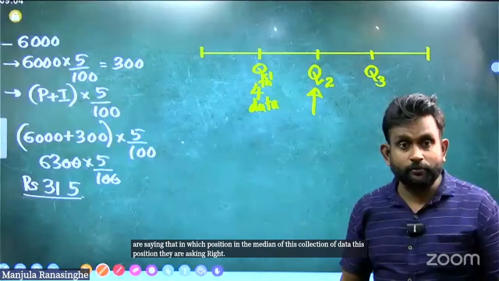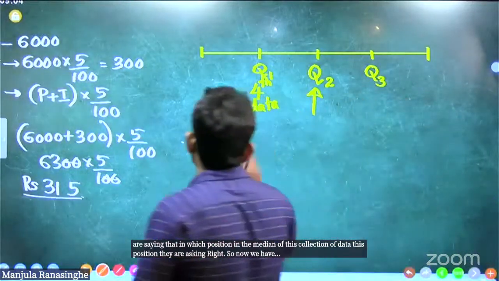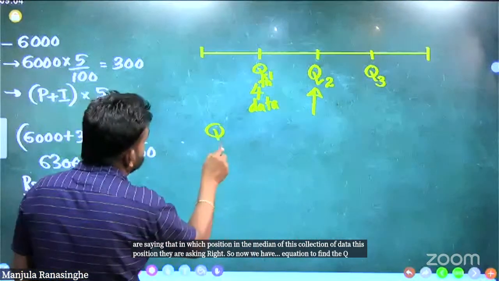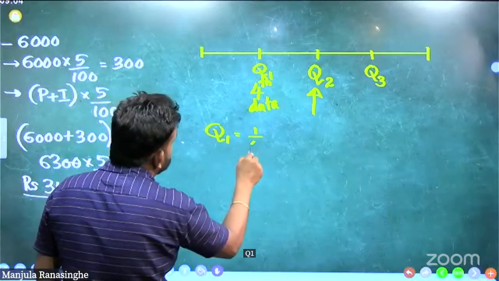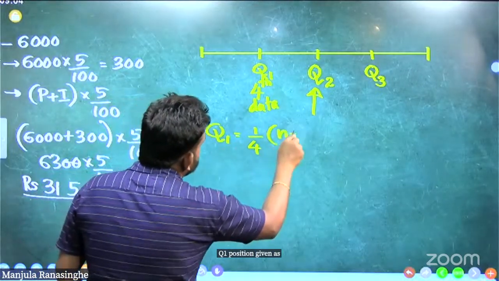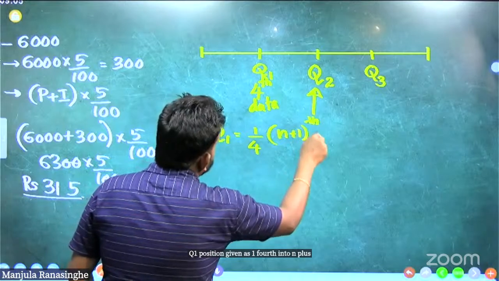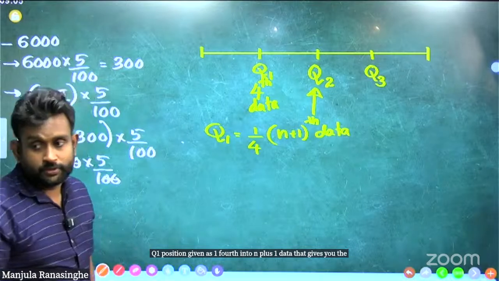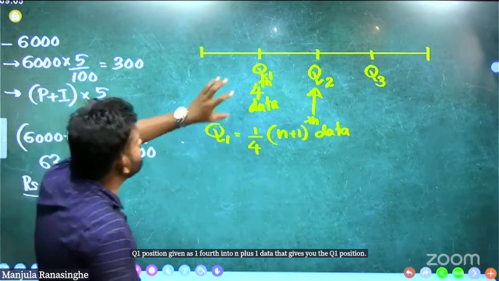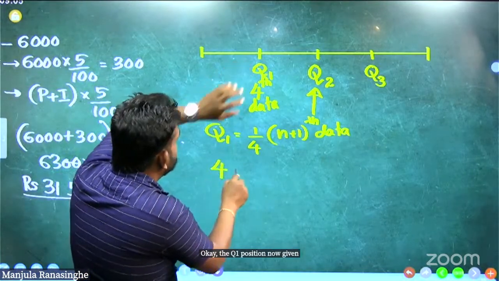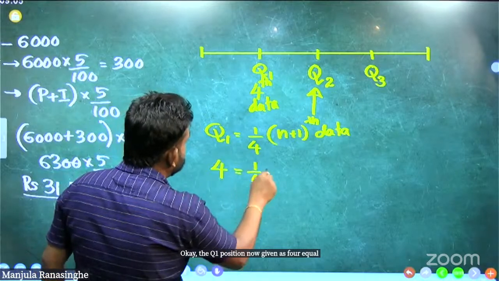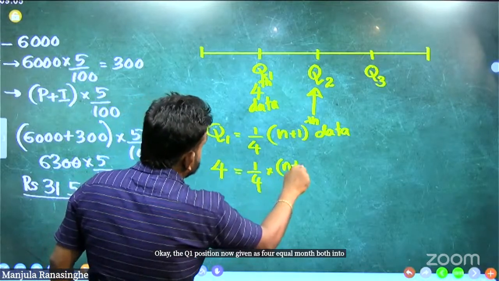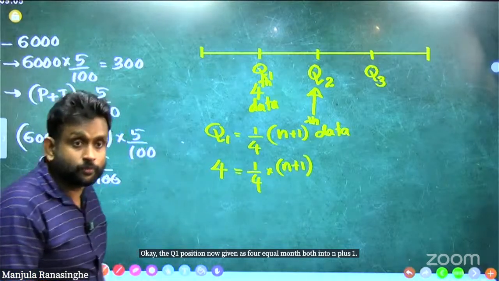Now we have an equation to find the Q1 position. Q1 position is given as 1/4 into n plus 1 data. So the Q1 position is given as 4, equal to 1/4 into n plus 1.